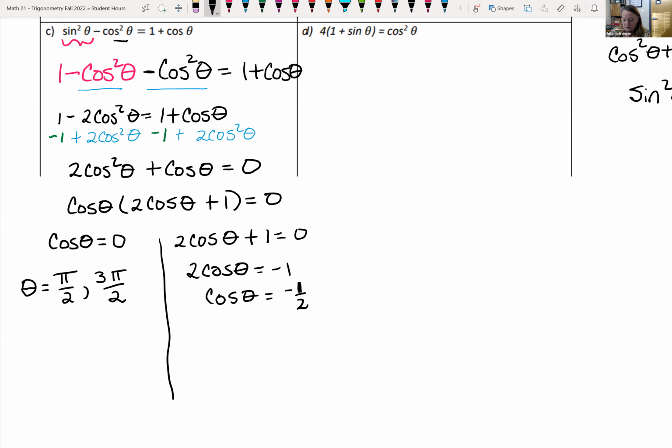My reference angle would be 60 degrees, which is pi thirds. So in the second quadrant, with reference angle pi thirds, pi minus pi thirds is 2 pi thirds. So theta equals 2 pi thirds.